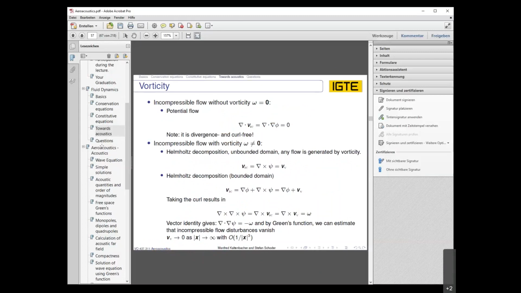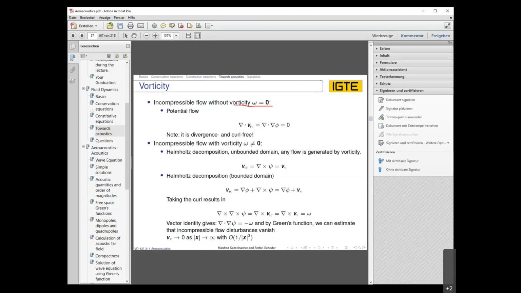Then some other ideas about the vorticity. If we have an incompressible flow, meaning low Mach number, so that we have no acoustics in the flow itself, and we have an incompressible flow without vorticity, we can describe the whole velocity field by the potential flow.